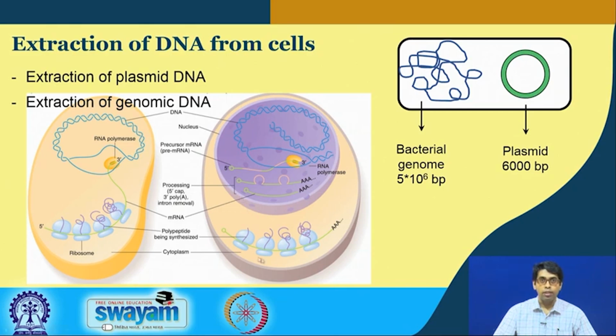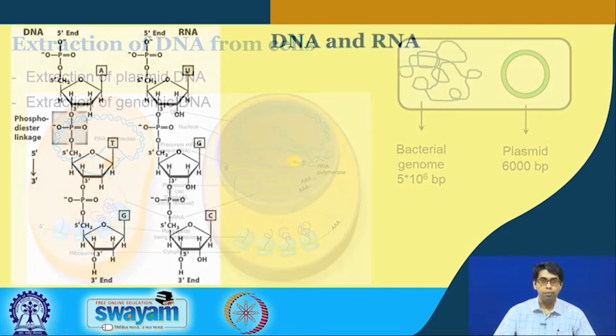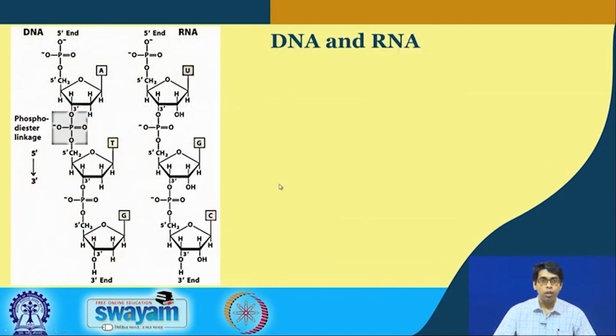Similarly, if we crack open a eukaryotic cell where we have even more compartmentalized components, again when we crack open this cell, all of these will come out along with a lot of membranes, cellular membrane or different organelle membranes.